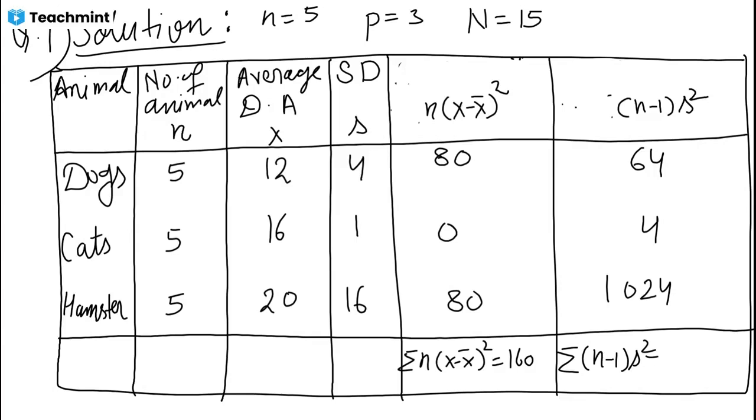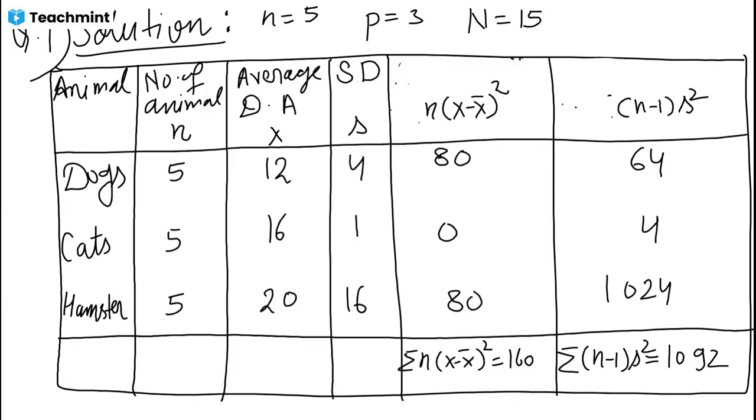Now let us find the sum. 1024 plus 4 plus 64. So this is 1092. So let us find SSE first, then we'll find MSE.